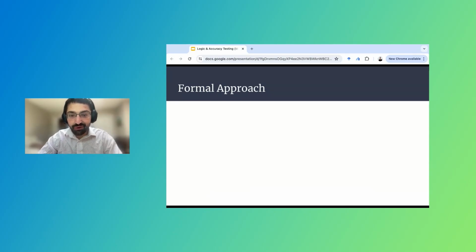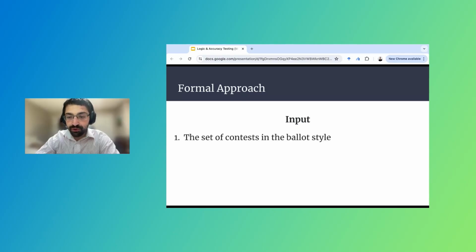As I said, shifting now to stating our problem and approach a bit more formally. So, what is our approach to designing test decks? First, let me specify the input to our approach. The input consists of three things. The first is a set of contests in the ballot style. By ballot style, I just mean, if you're not familiar, the space of the election.